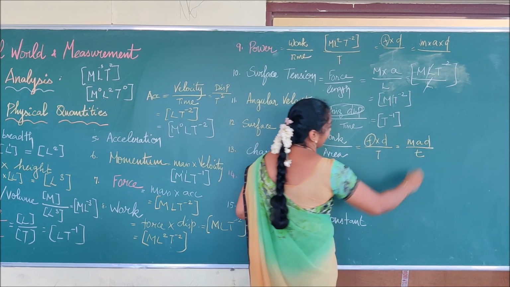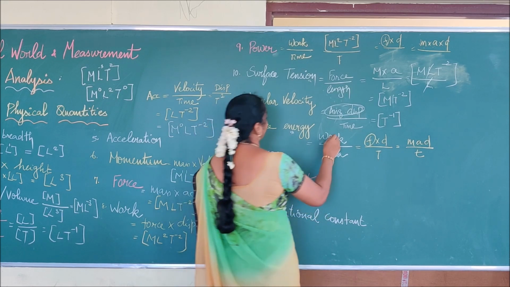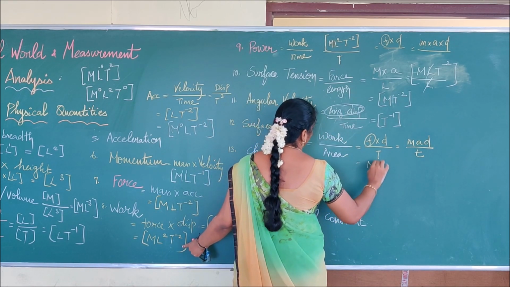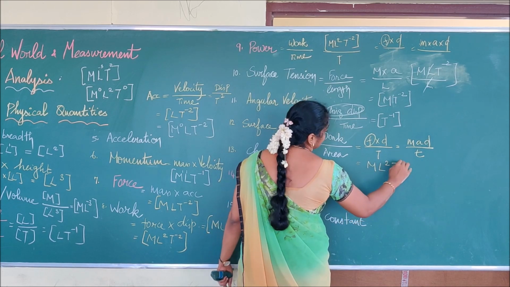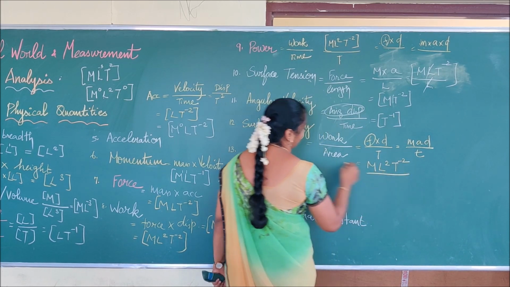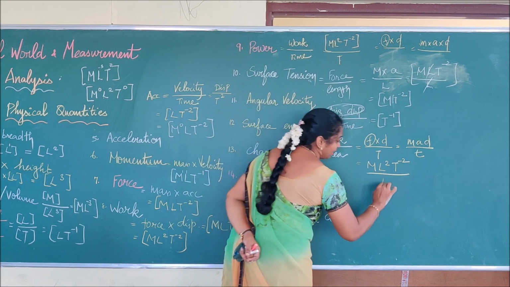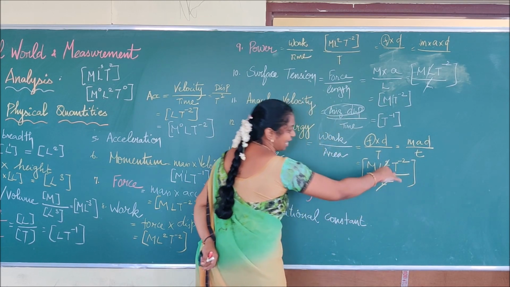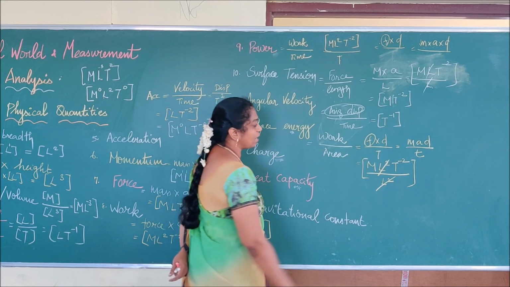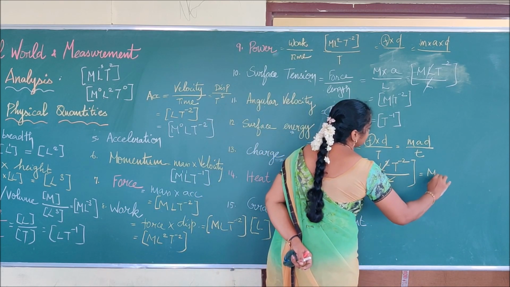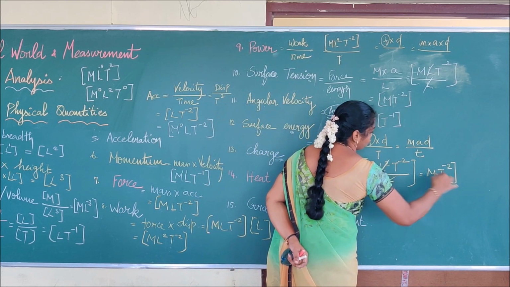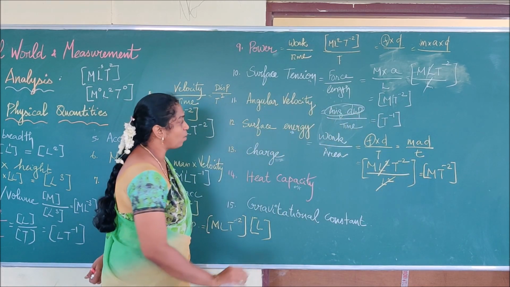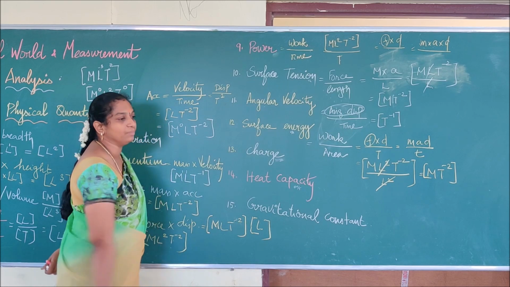So the dimensional value of work is M L square t power minus 2, divided by area. Area is length into breadth, L square inside a square bracket. It will get cancelled. Then the dimensional value is M t power minus 2. M t power minus 2 is the dimensional value for surface energy.